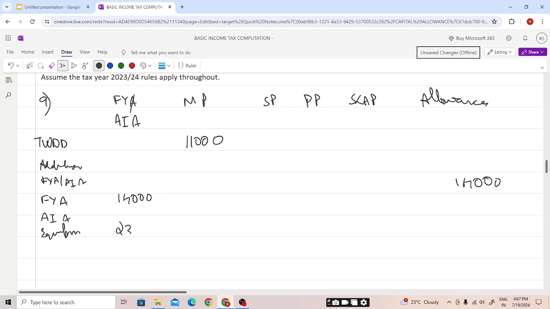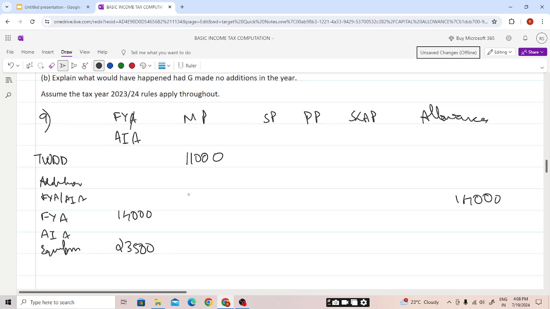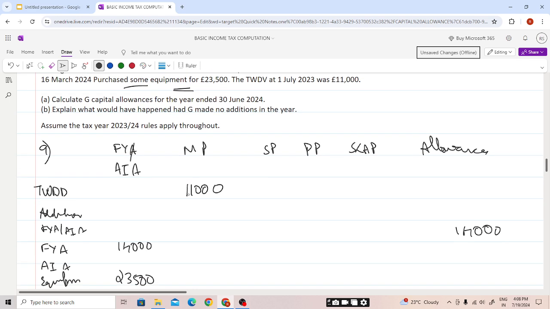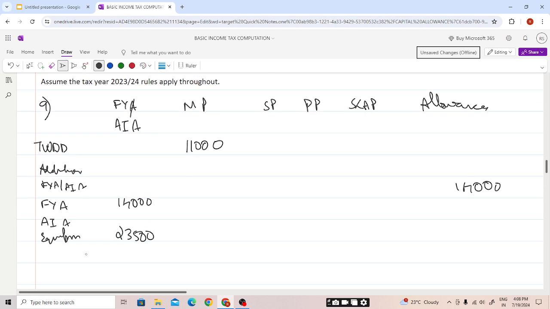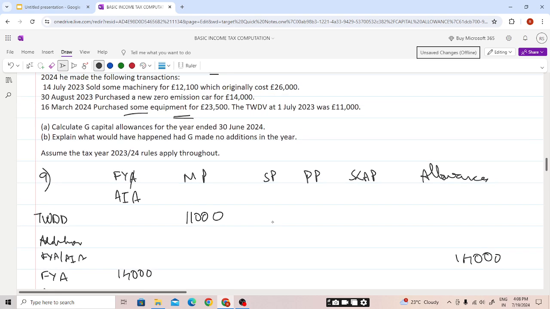So it will qualify for this purpose. And the AIA limit for this year will be whole. It will be of the whole amount. I hope this is clear. So the allowance will be 23,500 as the cost was.